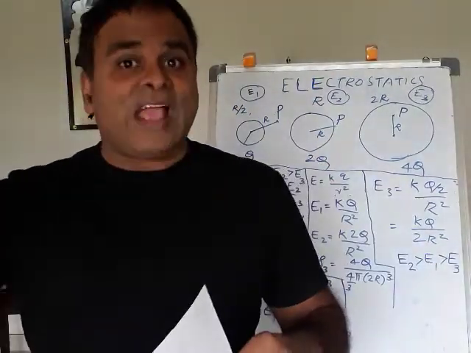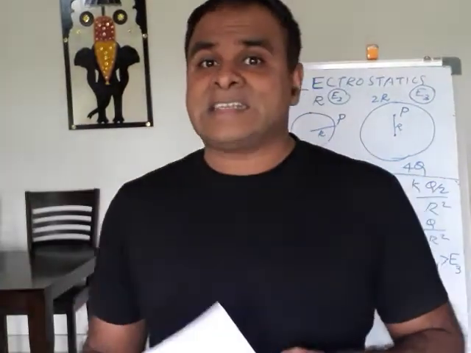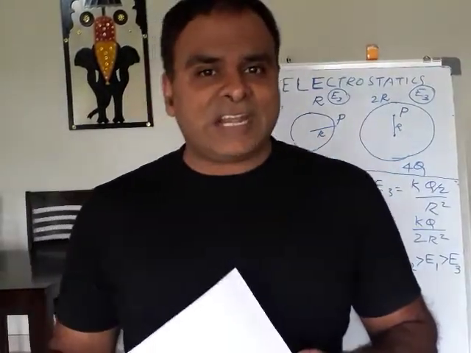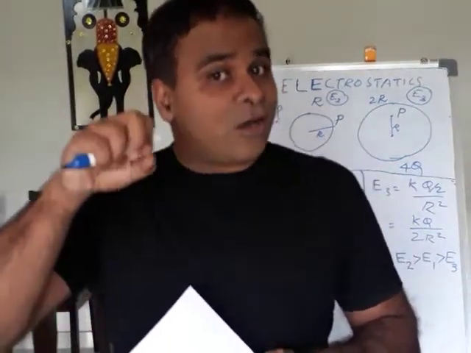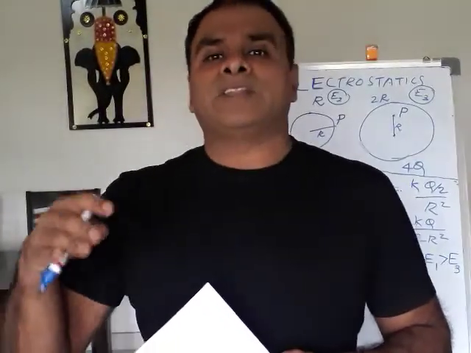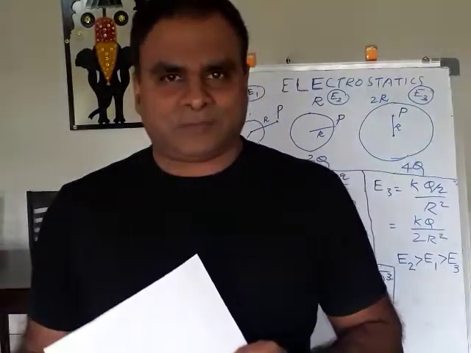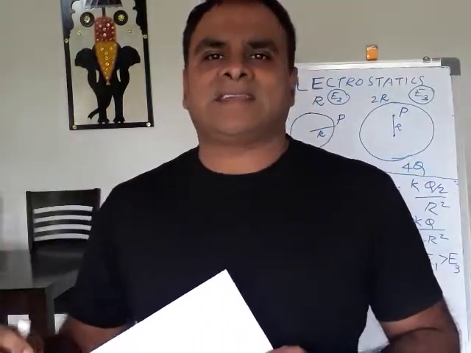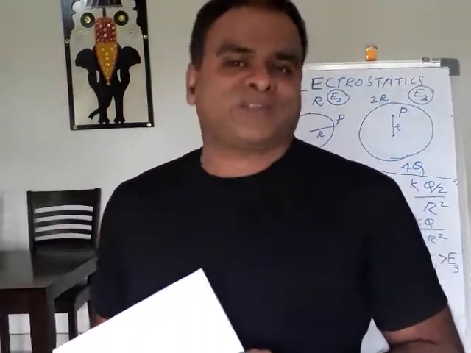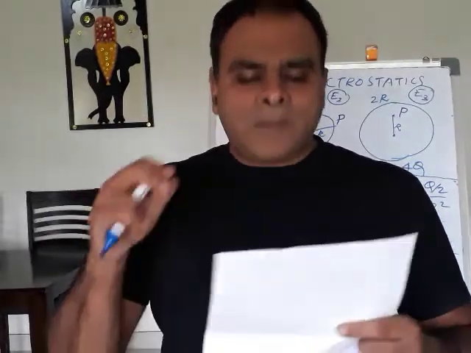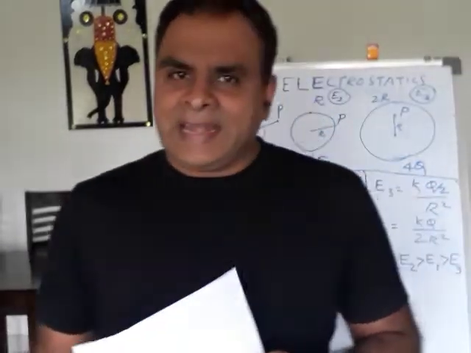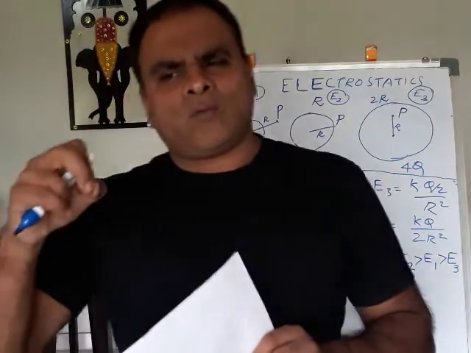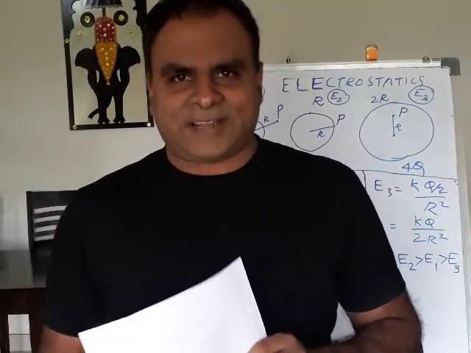The vanishing of electric field inside a conductor is known as electrostatic shielding. So those things I already discussed in the previous videos. Even we are going to discuss it in Gauss's theorem as well. But in the case of a dielectric, what is a dielectric?